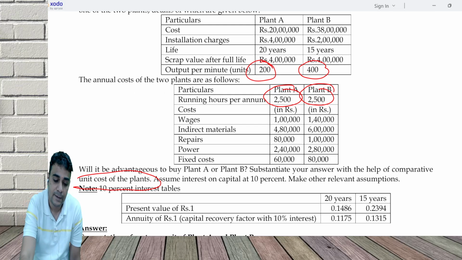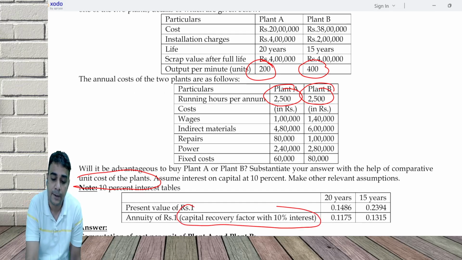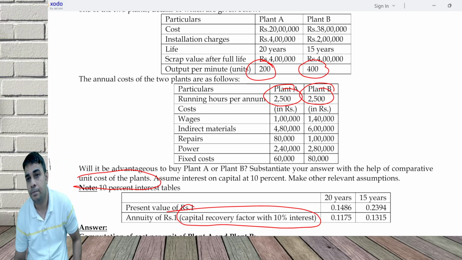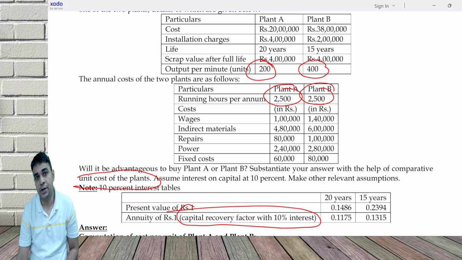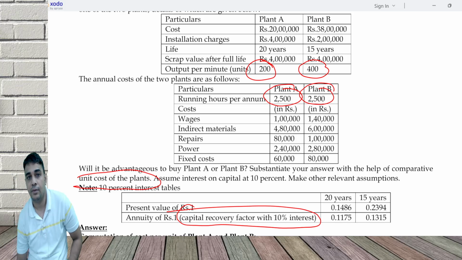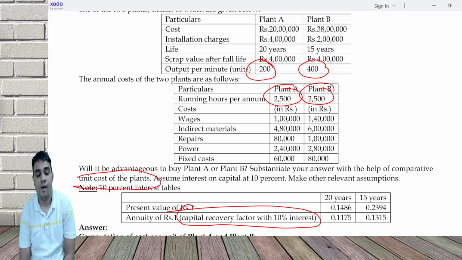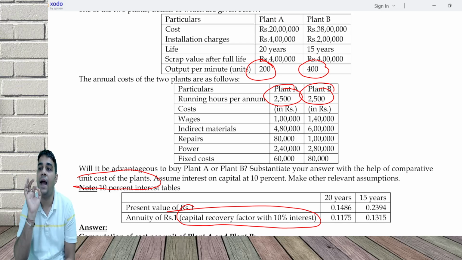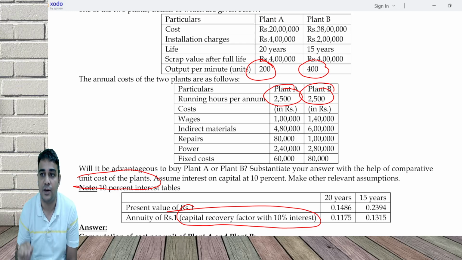Any idea what is capital recovery factor? Without this also I can solve the question, but any idea what is capital recovery factor? Okay, this is the inverse of the annuity factor. I need the annuity factor to solve the question.